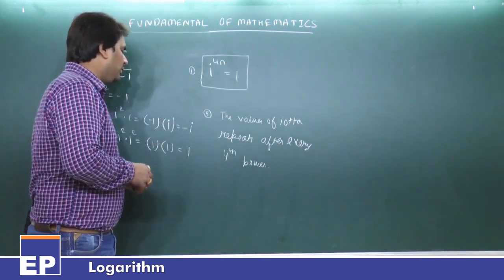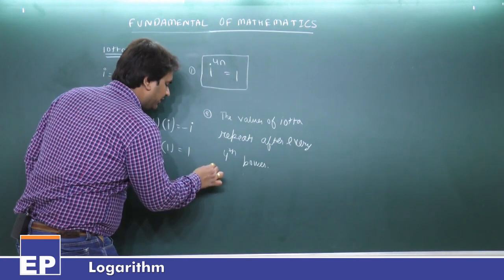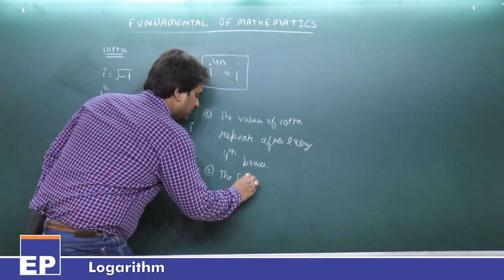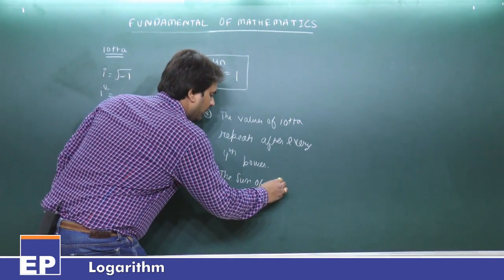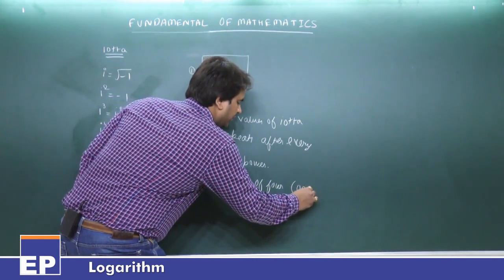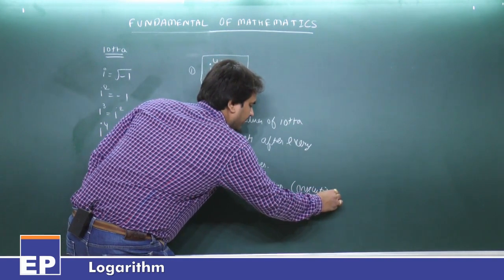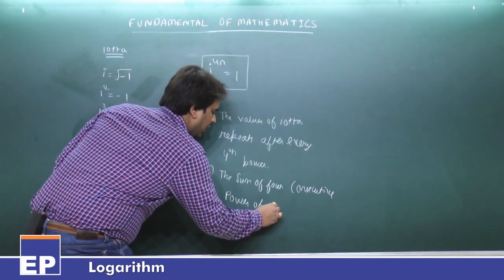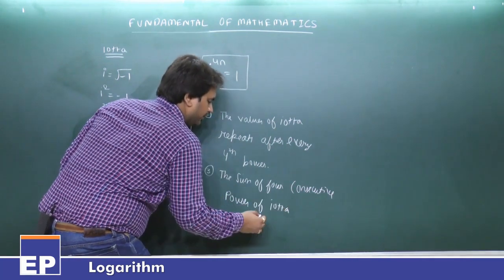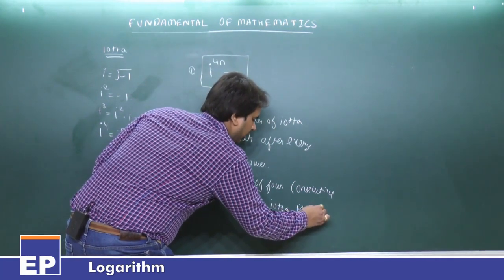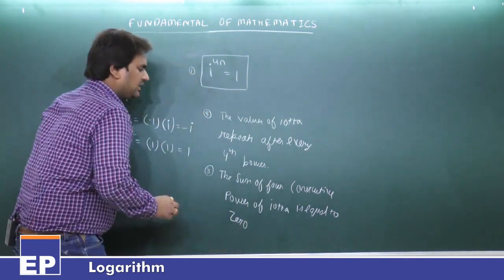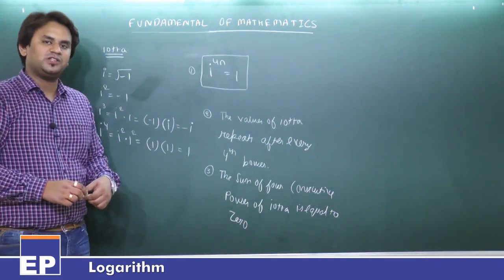Now the third property that you have to remember is that the sum of 4 consecutive powers of iota is equal to 0.